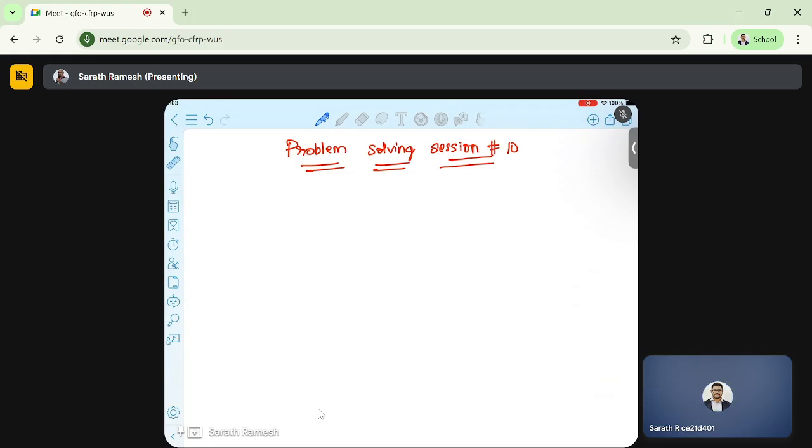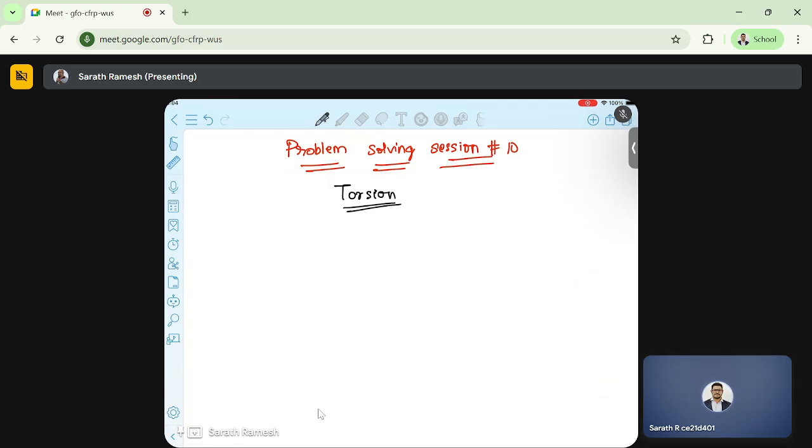So mainly in the last week, we would have seen something related to torsion, right? Already we have seen boundary value problems involving axial members and also flexural members, where we saw how to find bending moment, shear force, deflection, rotations, and all.